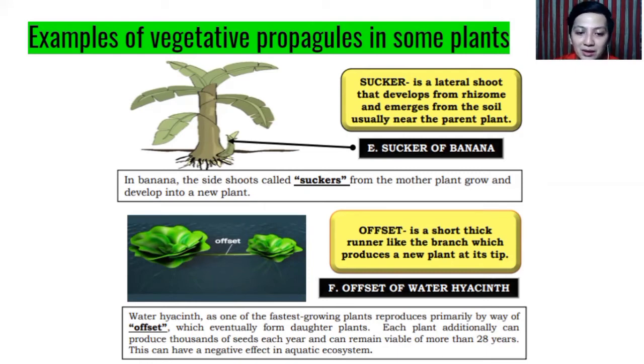So which means eventually form daughter plants. Each plant additionally can reproduce thousands of seeds each year, biruin nyo yun, and can remain viable for more than 28 years. This can have a negative effect in the aquatic ecosystem kasi pwede silang mag-proliferate, pwede silang dumami ng sobra-sobra. So, yun yung downside dahil sobrang dami nila mag-produce.